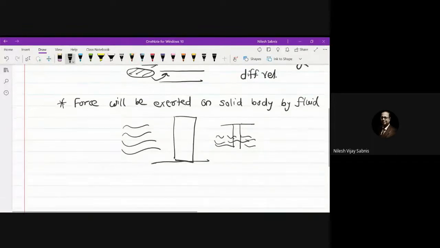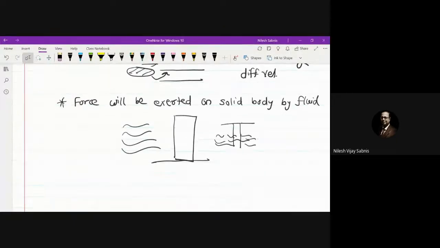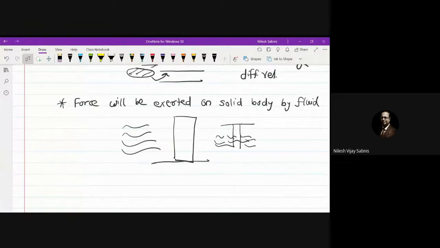Similarly, the best examples we can take are submarines, ships, aeroplanes, and automobiles which are moving in the air as well as water. An aeroplane we can consider as a solid body moving in the flowing fluid. Similarly, ships and submarines we can take as examples of a solid body moving in the liquid, or water.